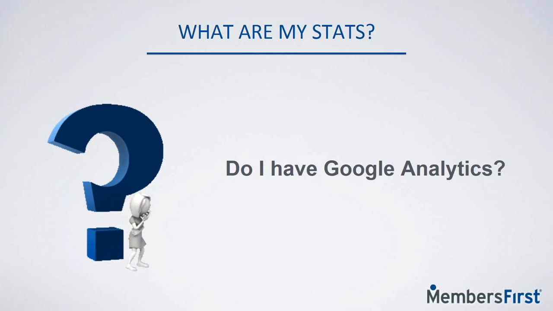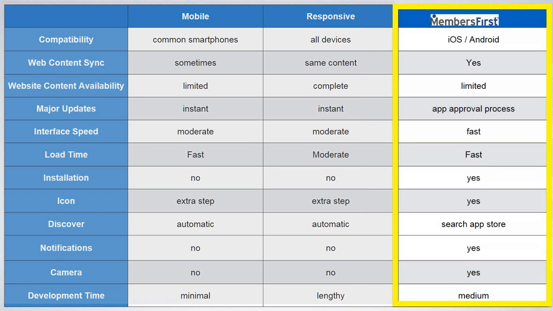It's really important data. So let's just do a quick comparison here between a mobile website, a responsive website, and then our MembersFirst app. A mobile website is really an extension of your desktop version. It doesn't really account for a tablet, but it does give access to your website from a mobile device.